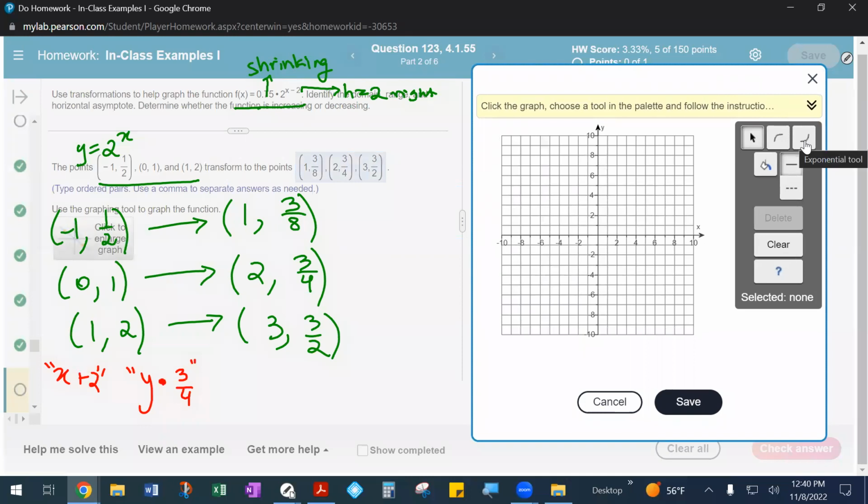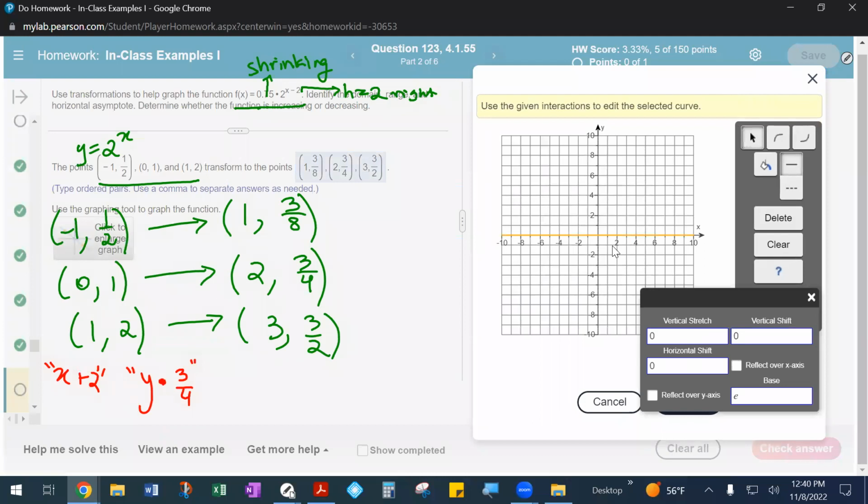Again, this is an exponential function, so you select your exponential tool. Click anywhere on the graph. Now tell me the numbers we're typing and where. Start with your base. What's the base of our function? 2.